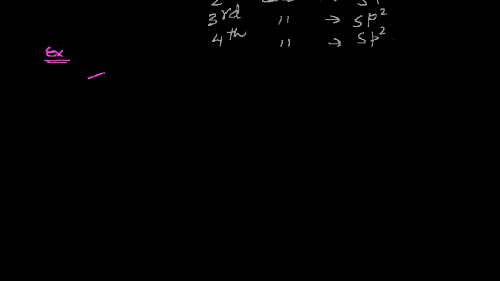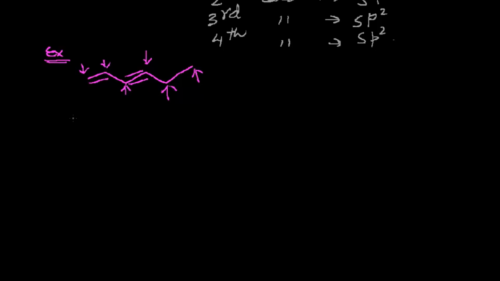So if I would have taken this one and like this, what is the hybridization of these carbon atoms? Again, it is very interesting to know how we calculate the hybridization of these carbon atoms, since it has 1, 2, 3, 4, 5 and 6 carbon atoms.